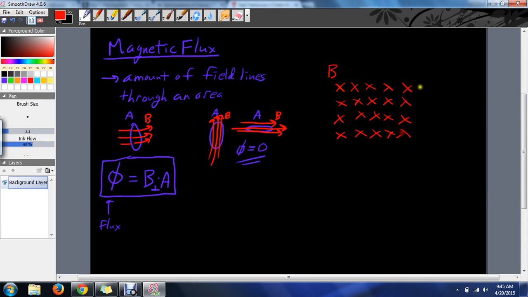I'm going to draw a whole bunch. So don't worry, you're only going to have to do this conceptually and mathematically. You're not necessarily going to have to draw and count x's. Let's say I have a small and a big circle. Let's say this is area A1 and this is area A2.